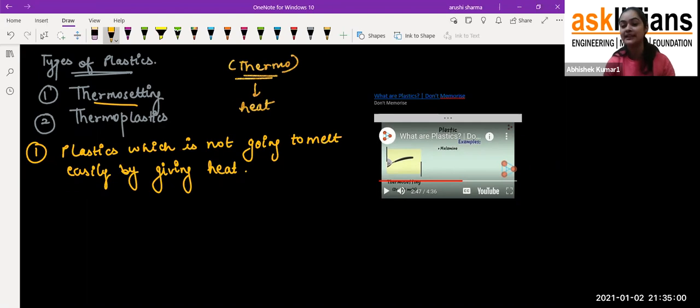No, exactly not, because it is made of thermosetting plastic. That means even if you give it heat, even if you increase the temperature, it is not going to melt, and you can't remold it into another shape. That is called thermosetting plastic. And now we have two types of thermosetting plastic, even though we have more.